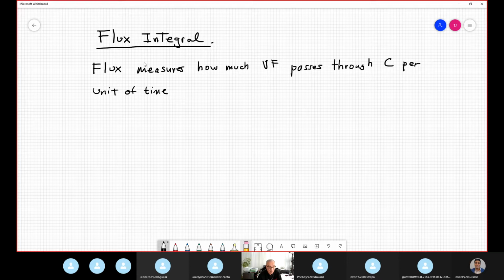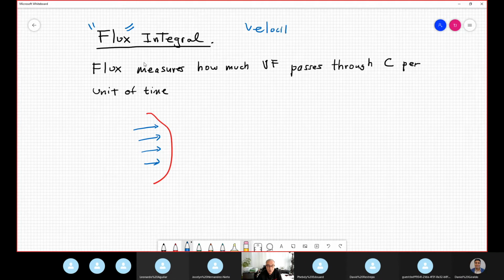Suppose we have a curve like that, and we have a vector field like that. And the flux is the amount of, suppose the vector field, in this case, the best interpretation for the flux is not force, but velocity.